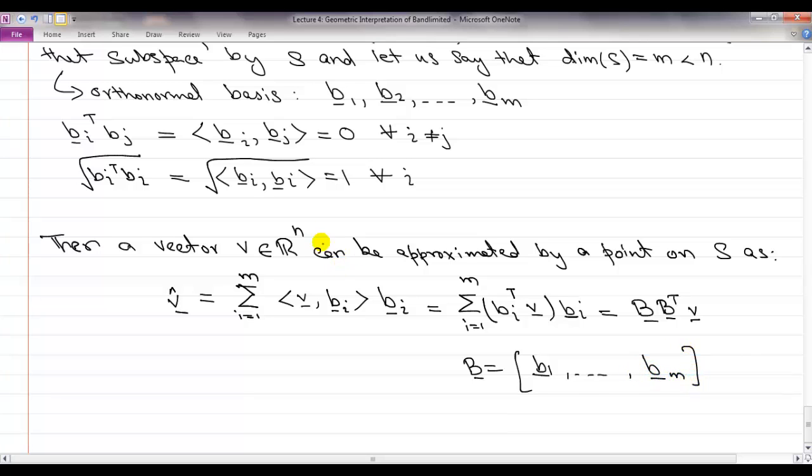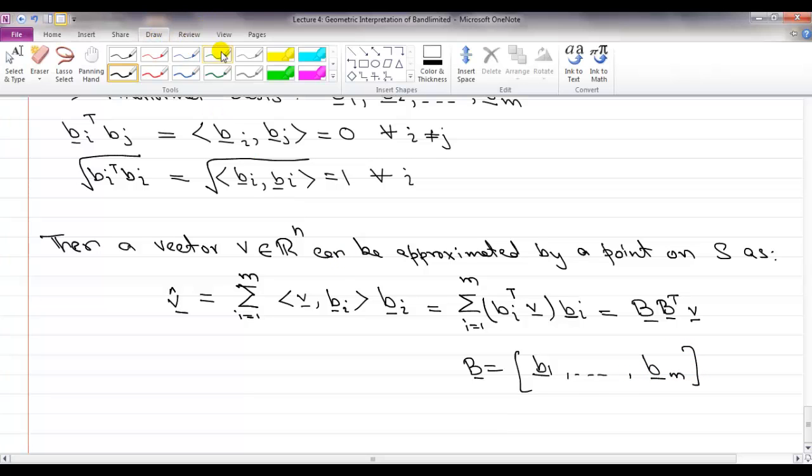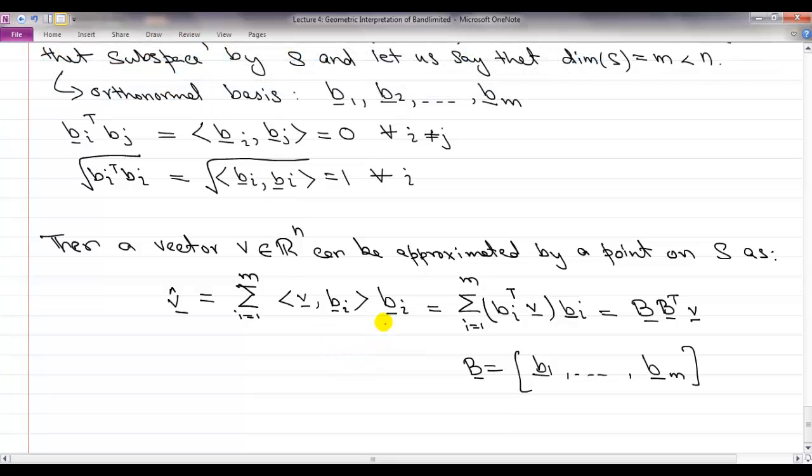Okay. But the key point is, whether you understand how it comes about, whether you have seen in your linear algebra at the undergraduate level, the key point is this approximation, at least in Rn.